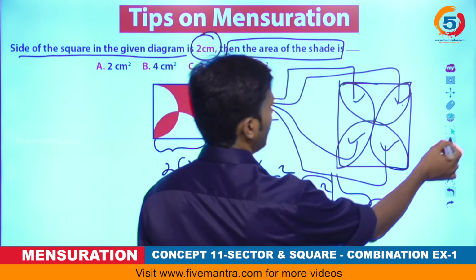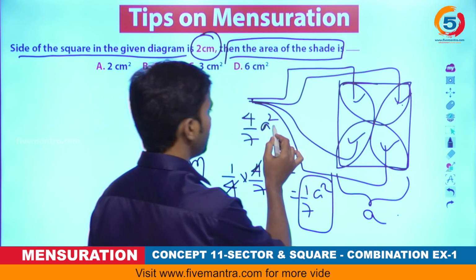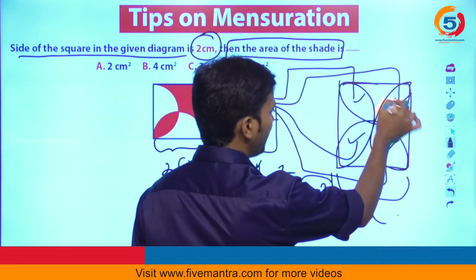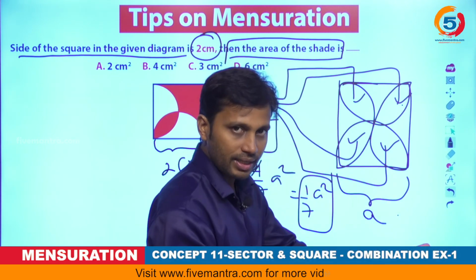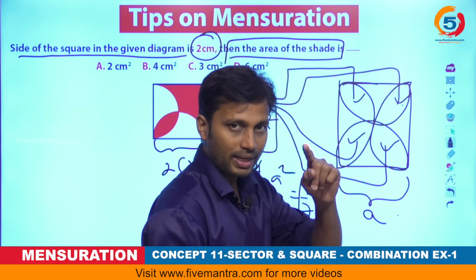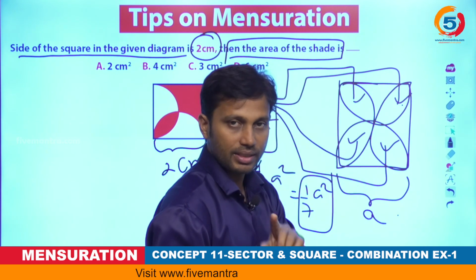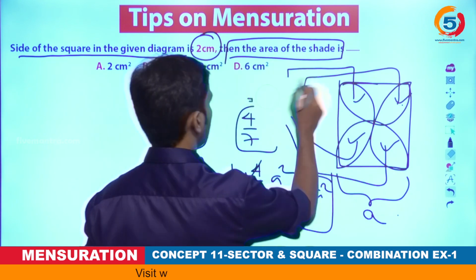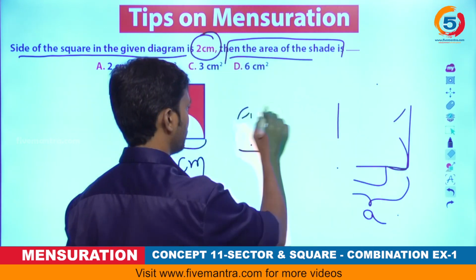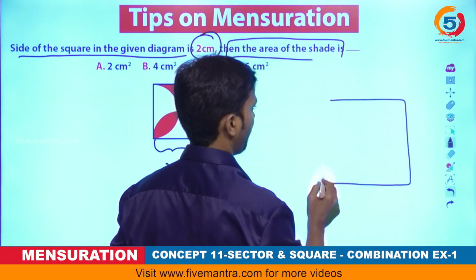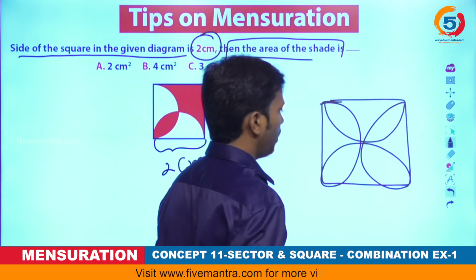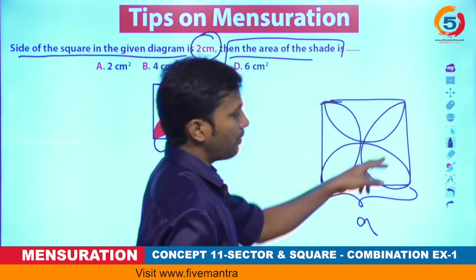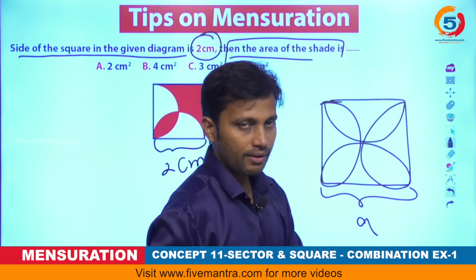So now let's just have a look at this. Anyway this flower area is 4/7 a², and if divided into 4 equal parts, each part would occupy 1/7 a², isn't it? Then let us represent them on the diagram. So now if the side is a, then the total flower shaped area is 4/7 a².